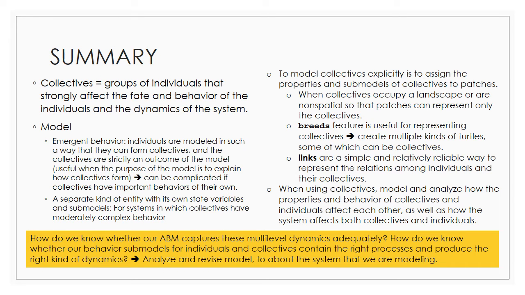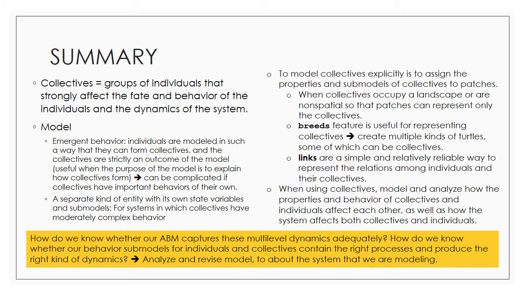So in our journey through collectives, that is groups of individuals that strongly affect the fate and behavior of the individuals and the dynamics of the system, we have seen that we can model collectives either as results of emergent behavior or explicitly as a separate kind of entity with its own state variables and submodels.